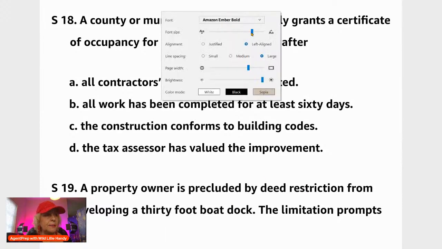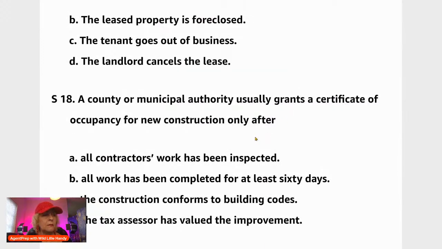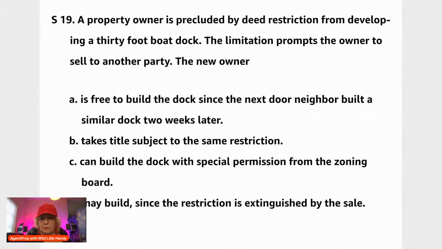All right, number 19. Okie dokie. A property owner is precluded by deed restrictions from developing a 30-foot boat dock. The limitation prompts the owner to sell to another party.